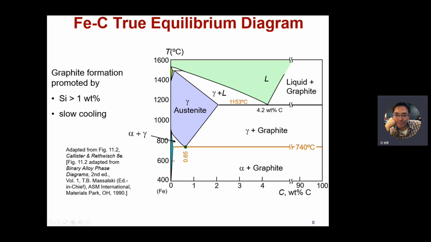So let's look at this phase diagram, the whole phase diagram of iron-carbon. Previously, we just had this phase diagram with the carbon content up to 6.67 weight percent. We have an intermetallic compound right here.